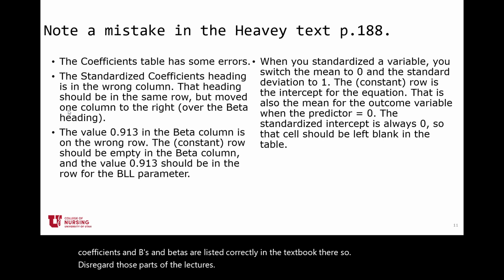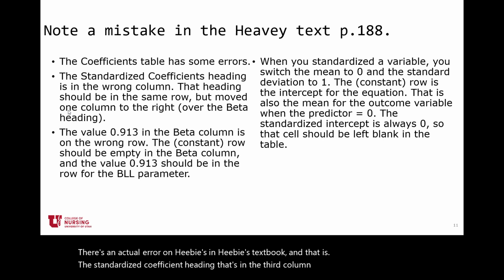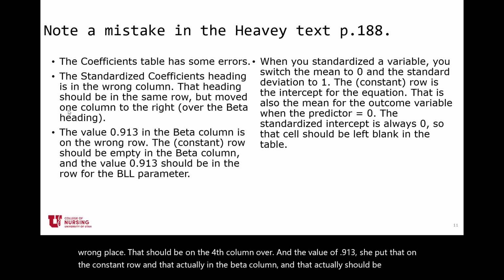On page 188, there's an actual error in Hevy's textbook, and that is the standardized coefficient heading that's in the third column over. She put that in the wrong place. That should be on the fourth column over. And the value of 0.913, she put that on the constant row, in the beta column, and that actually should be on the BLL parameter row, one row down.